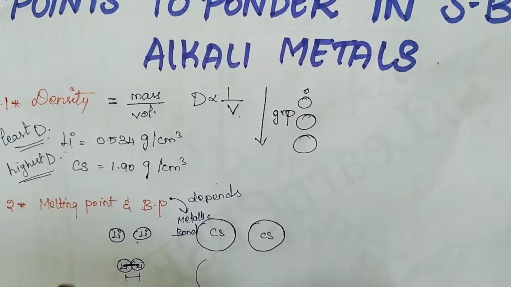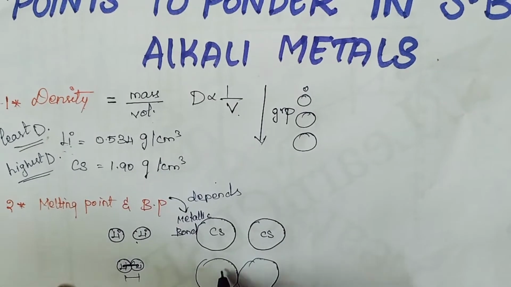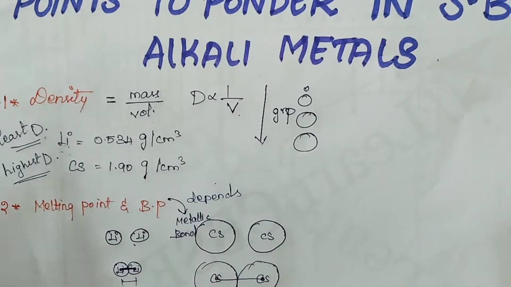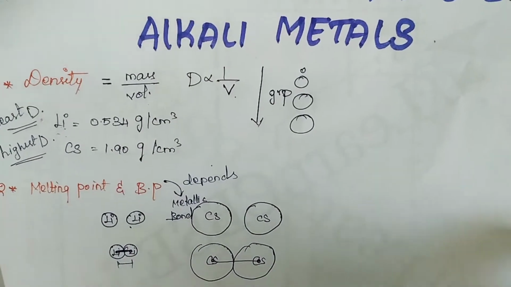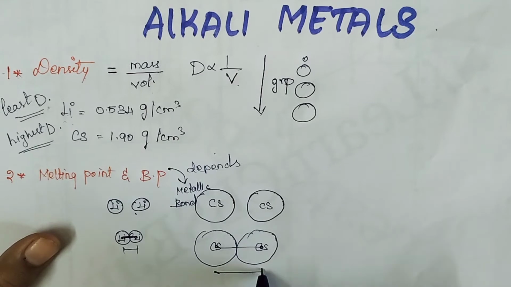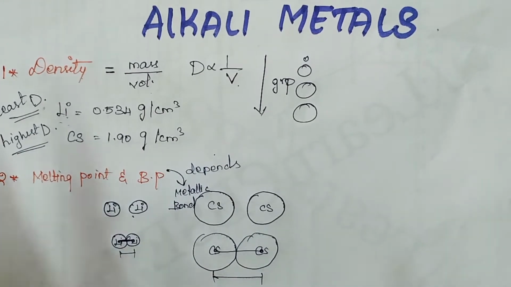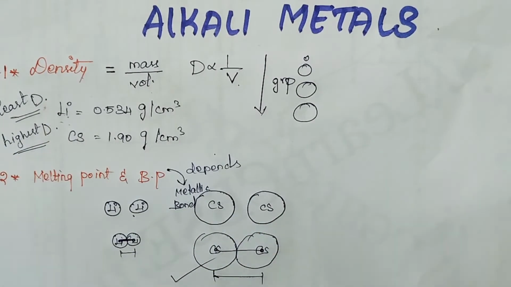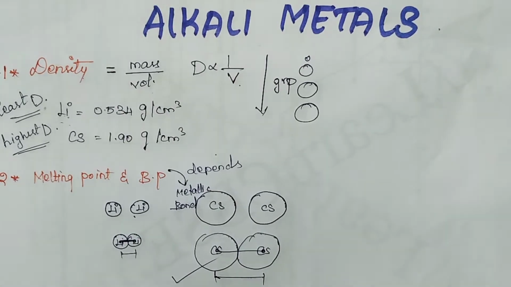If you see cesium and cesium atom bonding together, the distance between centers is this much. You know that as the distance increases, the bond weakens, correct? Which is the weaker one? Yes, absolutely, this is the weaker one. So as we come down, the melting point decreases.